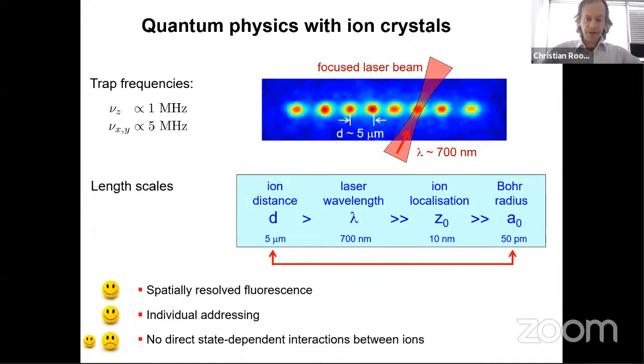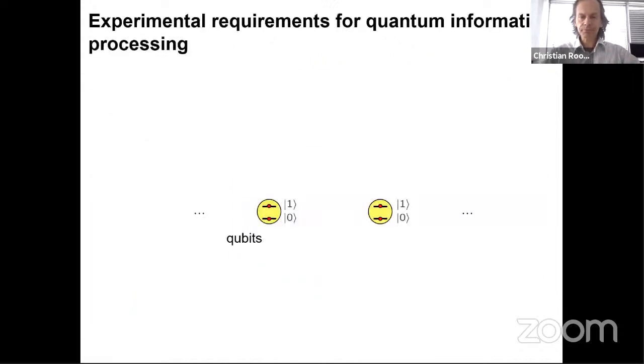But it is bad if you want to realize entangling interactions between the ions because it means that there are no directly naturally occurring state-dependent interactions between the ions. You just have the Coulomb interaction. And in that case, one has to think about how to engineer interactions which enable us to produce quantum correlations between the internal states of the ions if you want to treat the ions as one big quantum system.